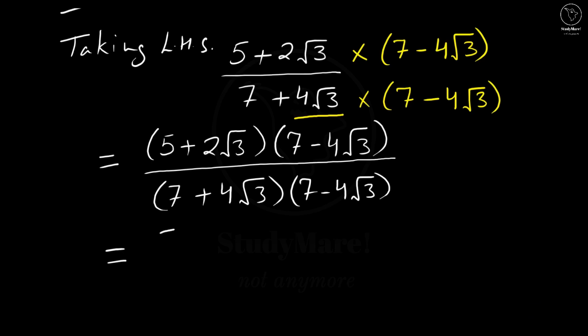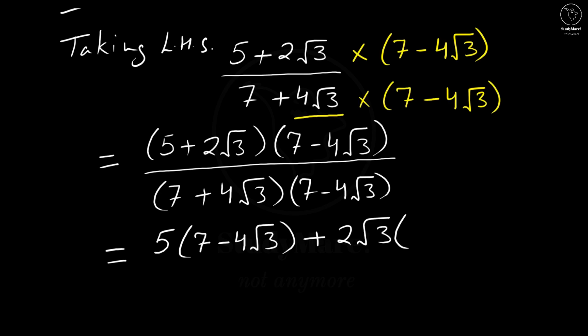That means the first term 5 has to be multiplied by the second expression, which is 7 minus 4 root 3. Then we pick up the second term from the first expression, that is plus 2 root 3, and this has to be multiplied with the entire expression, that is 7 minus 4 root 3.